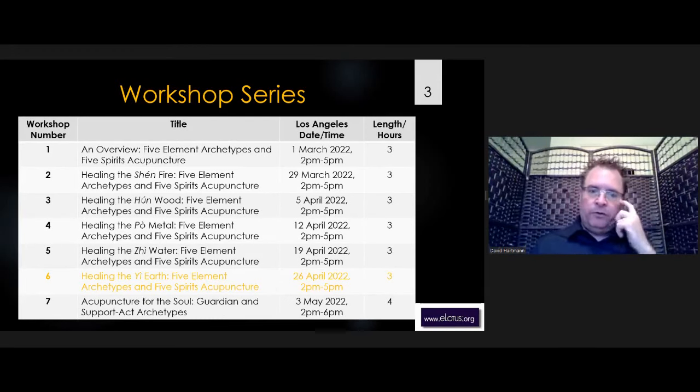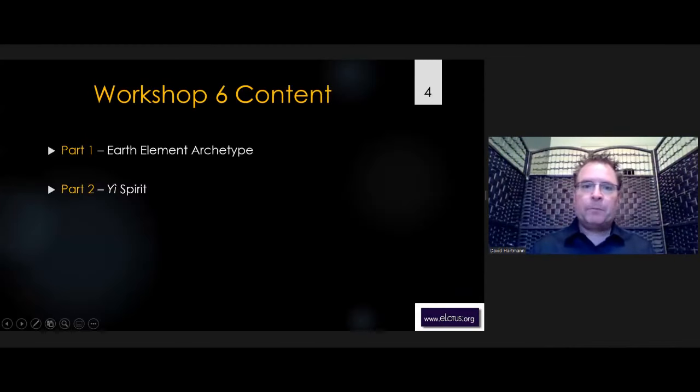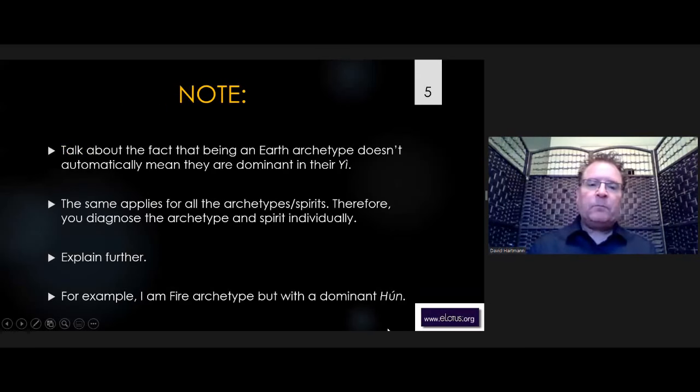And as I said, Earth today, and then the combination of them next week. I talked about this slide already. There's a little bit of stuff at the start, which I do apologize for to all of those that come each week. It's just for the new people in case you aren't aware of some of the inner workings of each of the workshops.